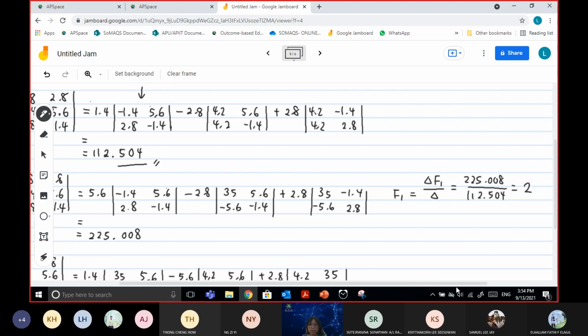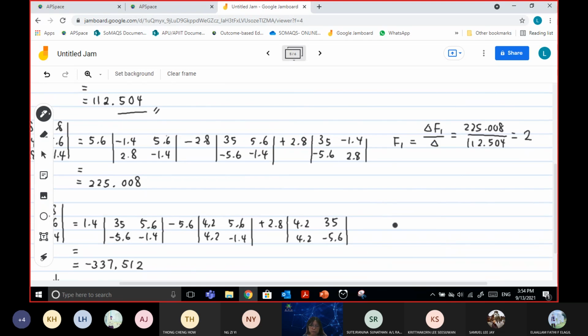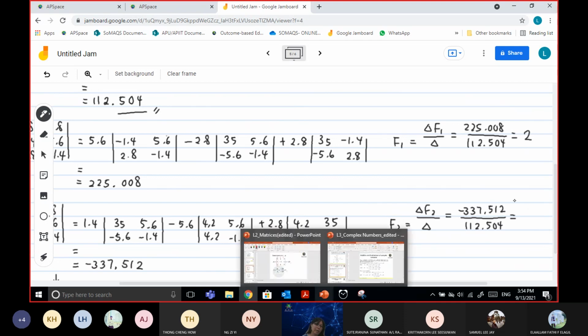Next one, F2, which is determinant for F2 divided by determinant. Determinant for F2 is negative 337.512 divided by determinant 112.504. So the second one, you get negative 3.